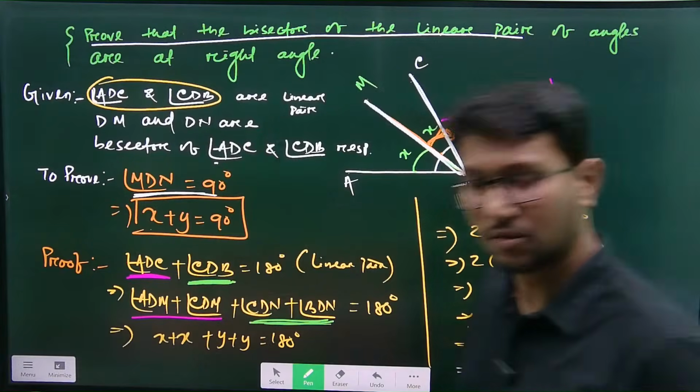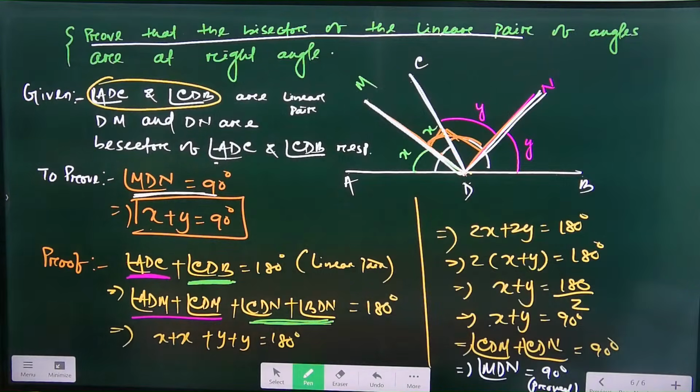Yes, solve it quickly. Pranshu Shukla, who is Pranshu Shukla? Very good, very good. He is the only one answering. What about the others?